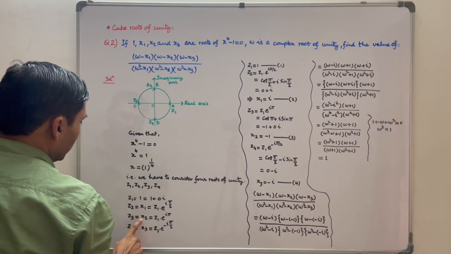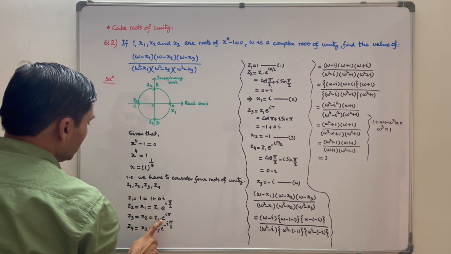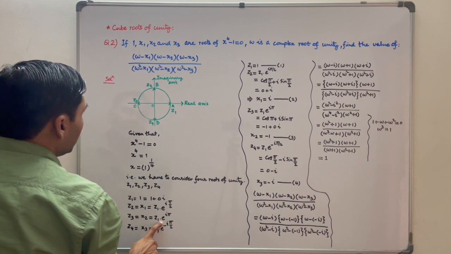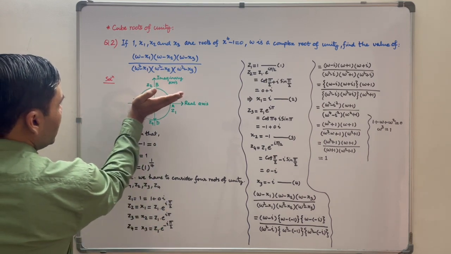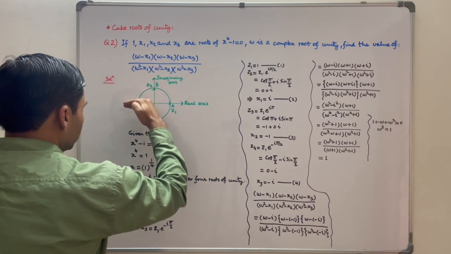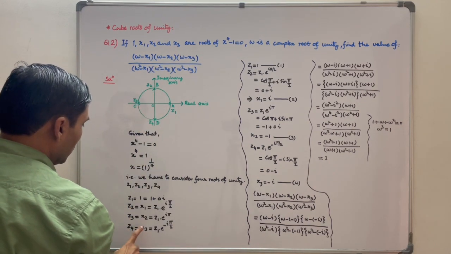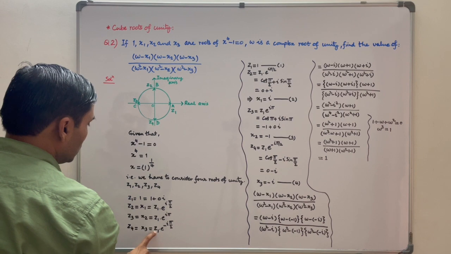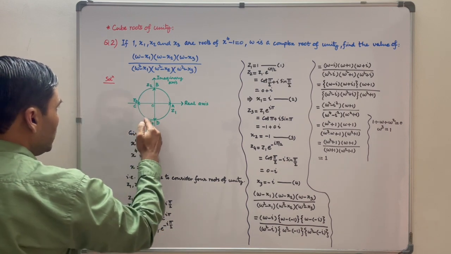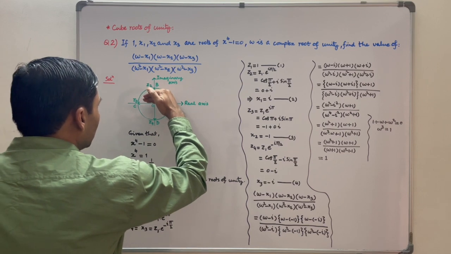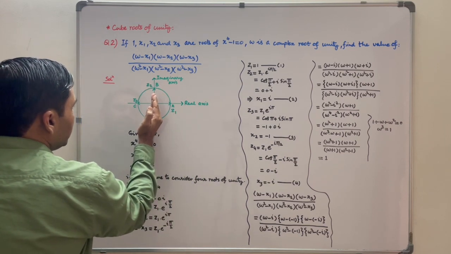z3 is equal to x2 is equal to z1 into e to power i pi, as we get vector OC by rotating vector OA anti-clockwise by 180 degrees. z4 is equal to x3 is equal to z1 into e to power minus i pi by 2, as we get vector OD by rotating vector OA clockwise by 90 degrees.